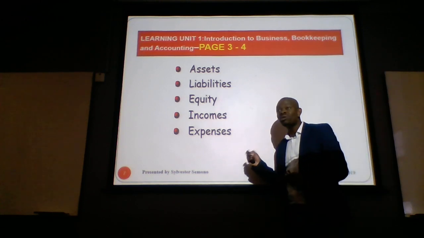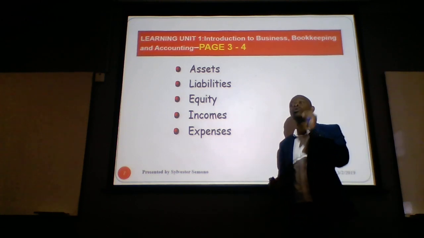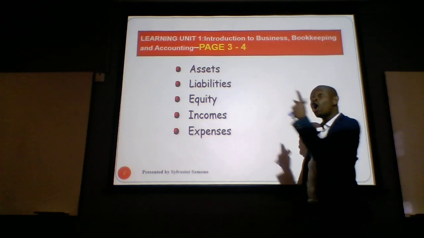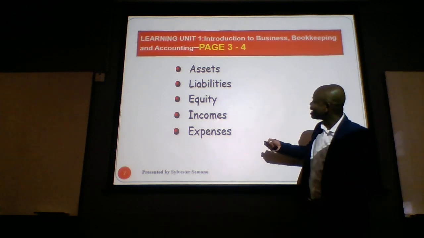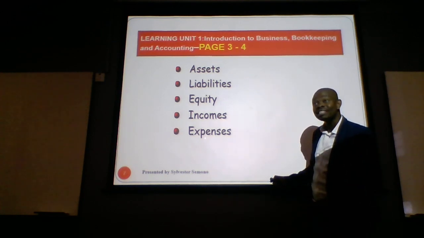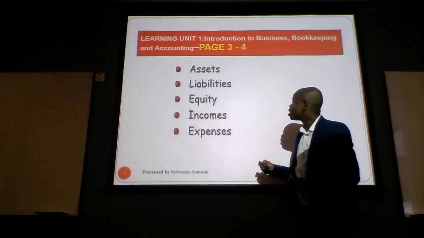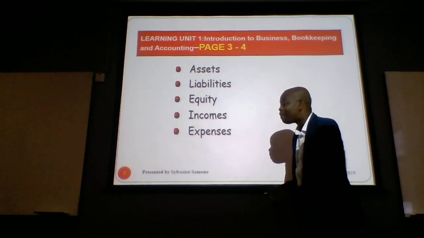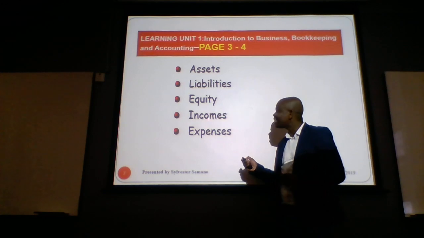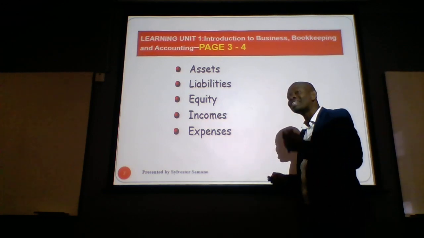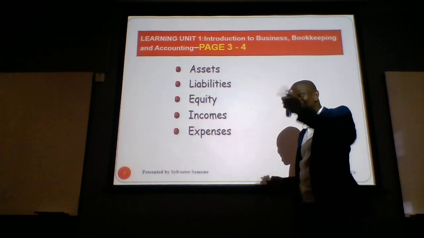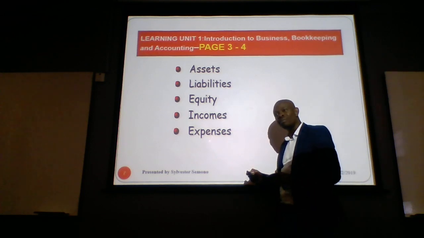Because the difference between the incomes and the expenses will either give us profit or loss. So if our incomes are more than the expenses, this means that we made profit. But if our expenses are more than the income, it means we made what? Losses.